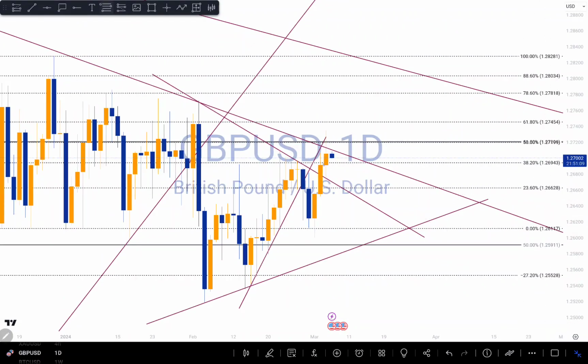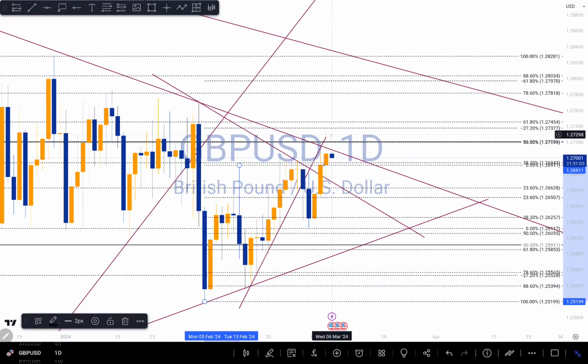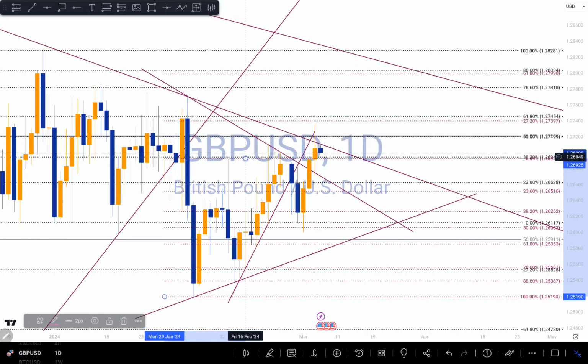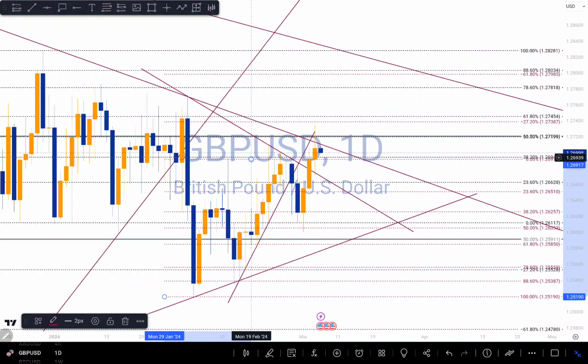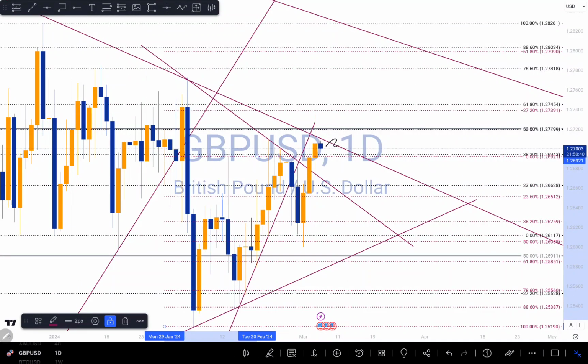If I use my mini fib from point A to point B, we might still push up a little bit to at least hit my negative 27% level. We can see that it hasn't hit there yet, so that's a possibility.